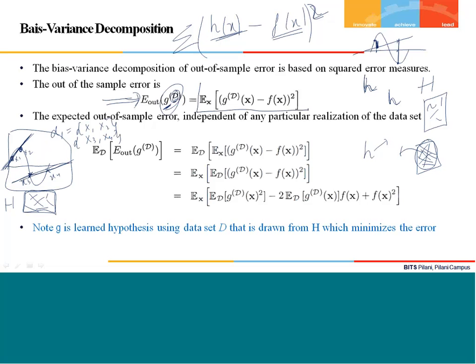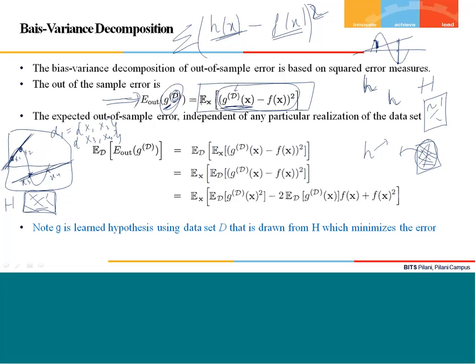And what this expression is saying here is that corresponding to the data set, whatever values you are getting from the hypothesis, it is calculating the error from this hypothesis.